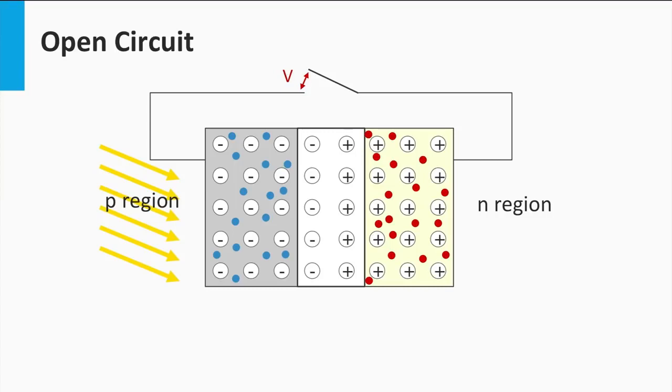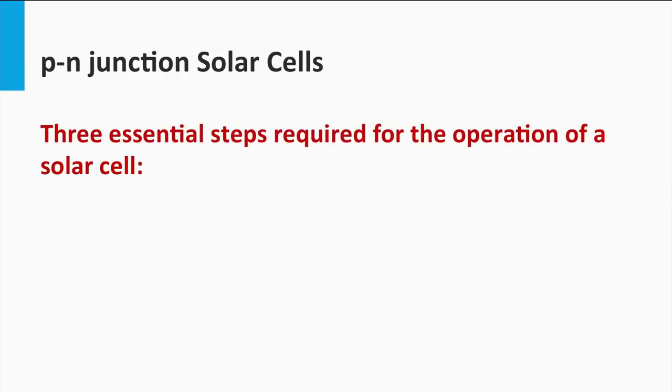This charging of free holes in the p region and free electrons in the n region will build up until both the drift currents are in equilibrium. This means that the device does not generate a current, but builds up an electric field, or voltage. The voltage created by an illuminated solar cell under open circuit conditions is called the open circuit voltage.